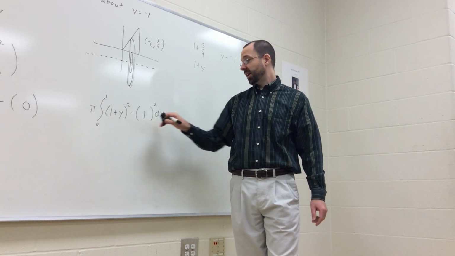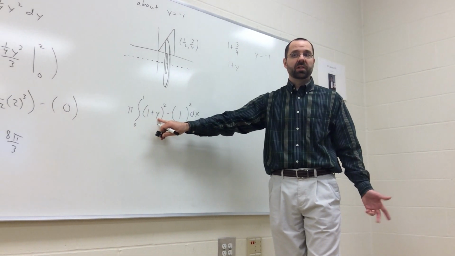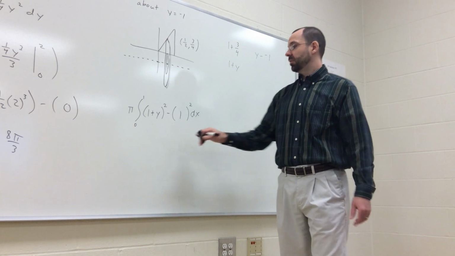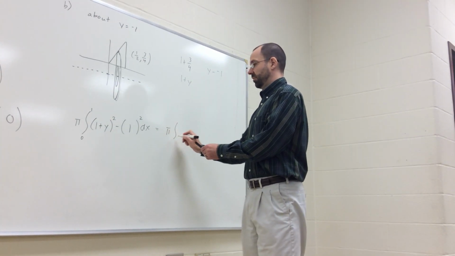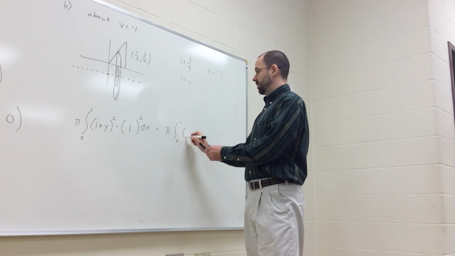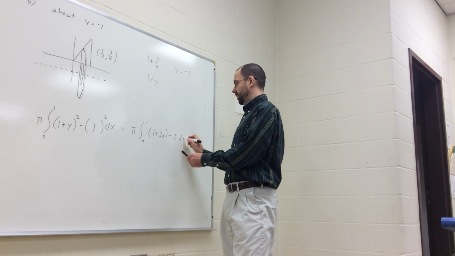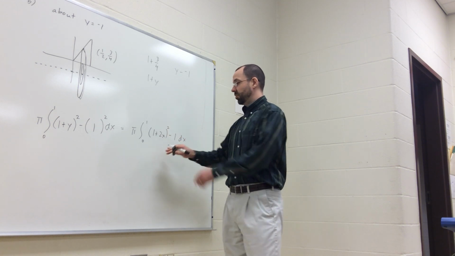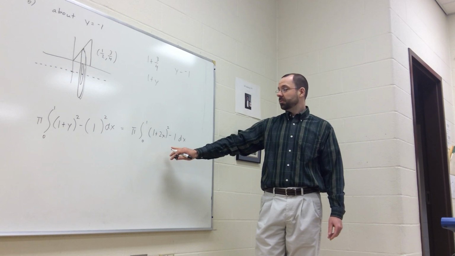Okay, not allowed to mix x's with y's. So then I have to replace this y with what it equals, but the y equals 2 times the x. So that's the pi times the integral from 0 to 1 of 1 plus 2x minus 1 dx. 2x is squared, of course.